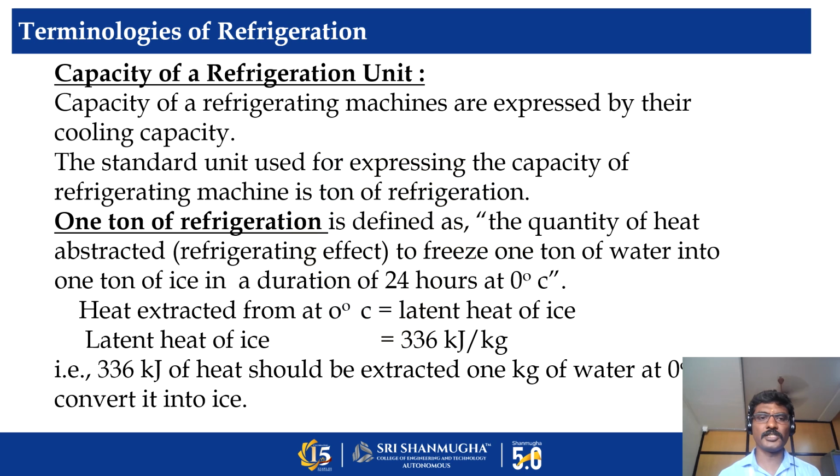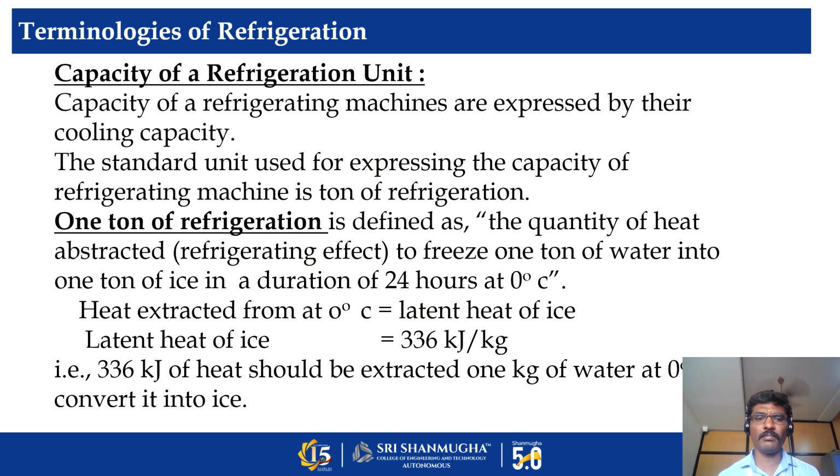Capacity of refrigeration unit. Capacity of refrigerating machines is expressed by their cooling capacity. The standard unit used for expressing the capacity of a refrigerating machine is ton of refrigeration. 1 ton of refrigeration is defined as the quantity of heat abstracted to freeze 1 ton of water into 1 ton of ice in a duration of 24 hours at 0 degree Celsius.